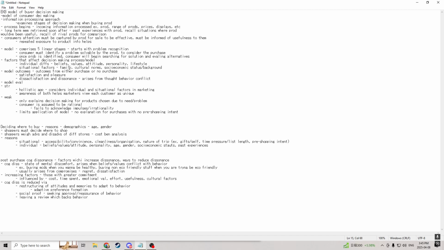Situational factors like your family, your cultural norms, and your socioeconomic status/background. Model outcomes: outcomes from either purchasing or not purchasing a product can be satisfaction and pleasure, or dissatisfaction and dissonance. And the latter arises from thought-behavior conflict.